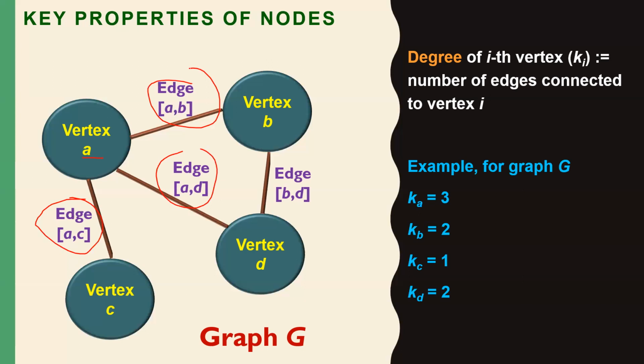Similarly, the degree of vertex B, denoted by k sub B, is 2, the degree of vertex C is 1, and the degree of vertex D is equal to 2. All right, everything's clear? I hope my numbers are right. Just let me know if I missed something.